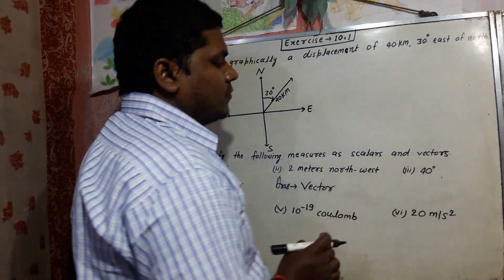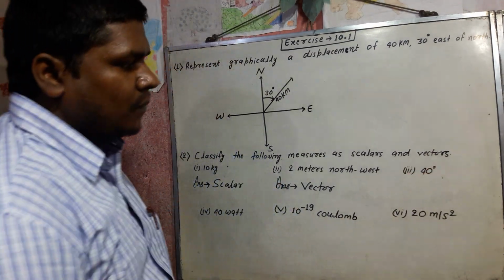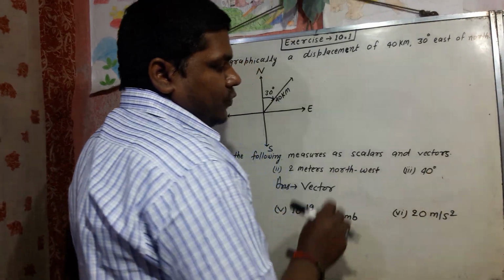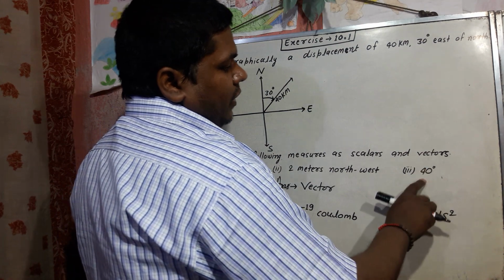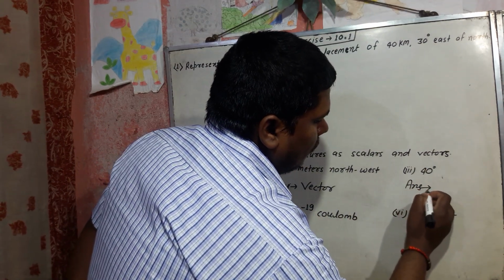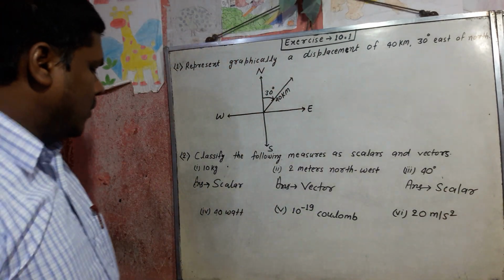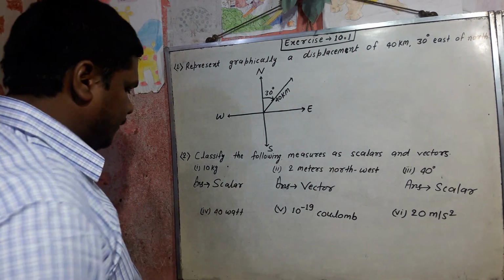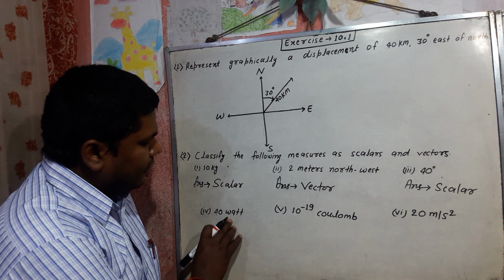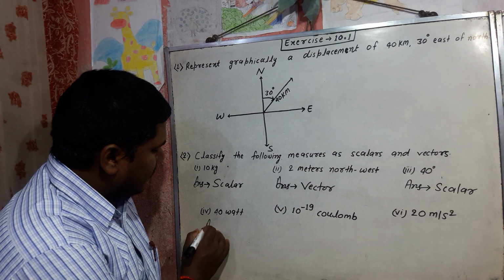Number 3, 40 degree. The given quantity has only magnitude, so it is a scalar quantity. Number 4, the given quantity has only magnitude, so it is a scalar.